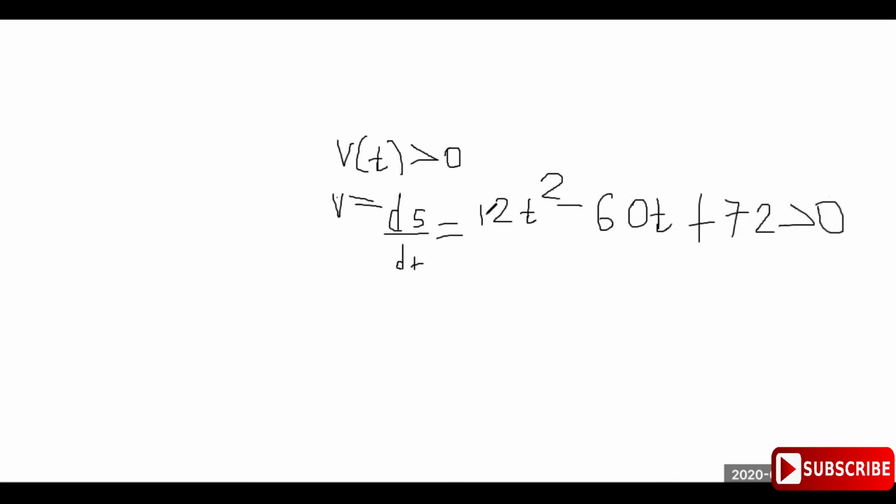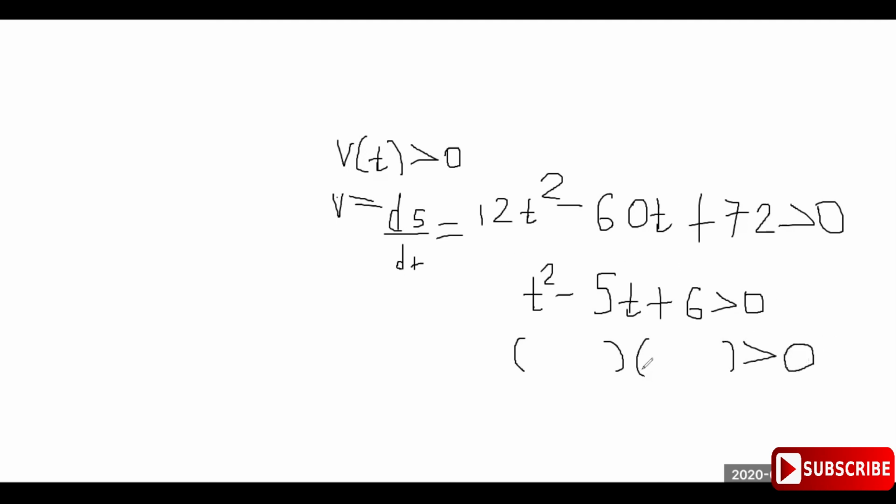Now, we can divide this inequality by 12 to simplify it. You get t squared minus 5t plus 6 is greater than 0. Oh yes, I'm just remembering now that a function is increasing when f prime of x is greater than 0. So it's increasing when the velocity is greater than 0.